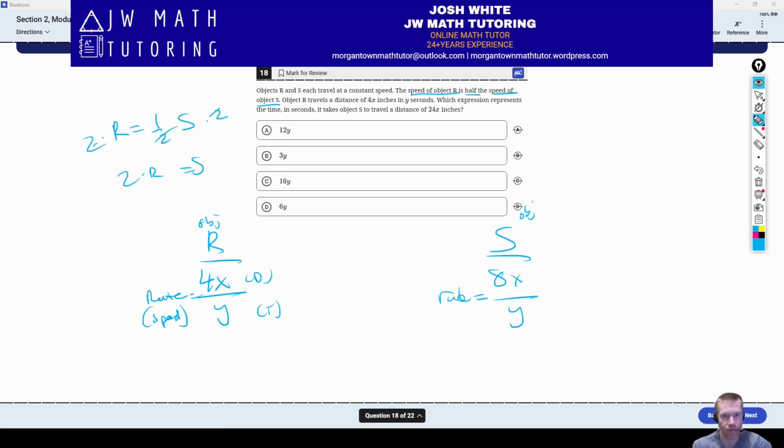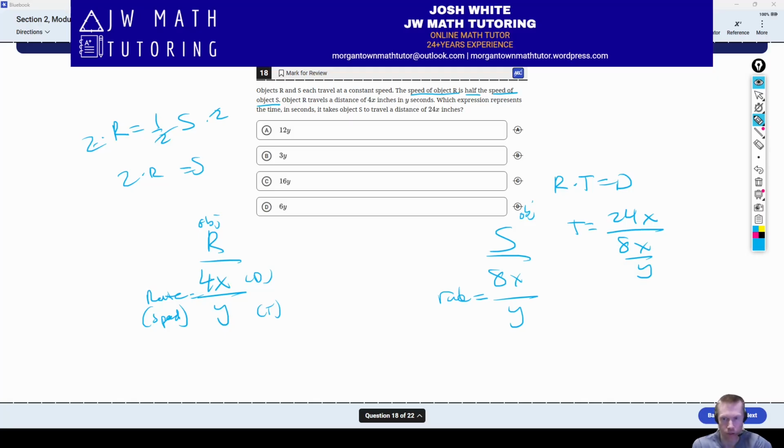So now we want to find the time it takes for object s to travel a distance of 24x inches. Think back to the equation, rate times time equals distance. We want to know the time. So we plug in the distance, which is 24x, and divide it by the rate, which is 8x over y.